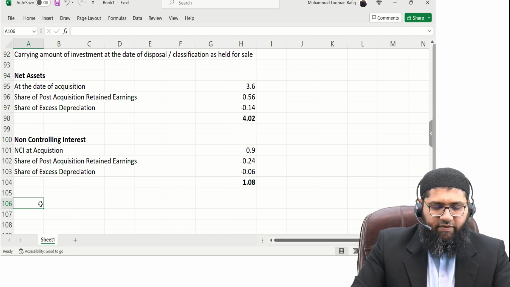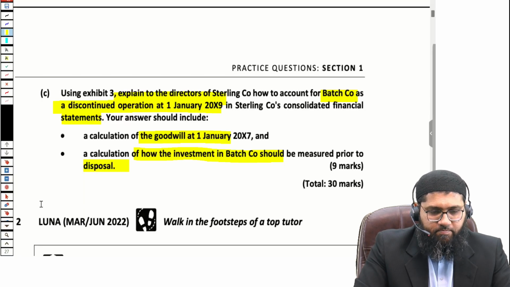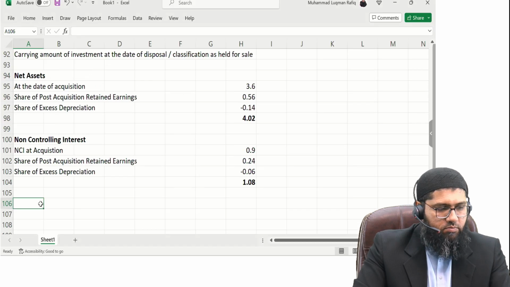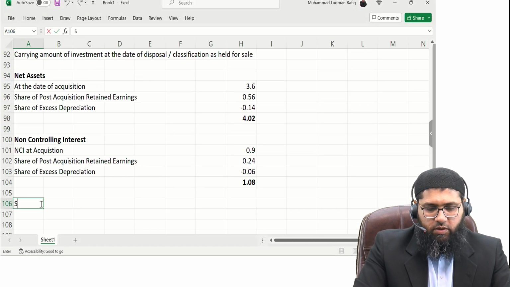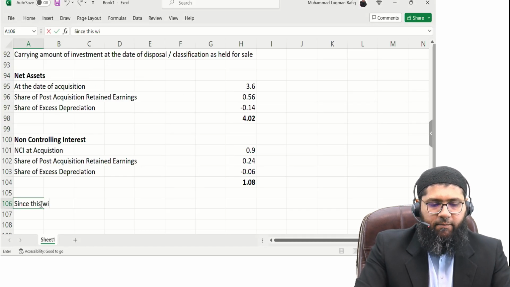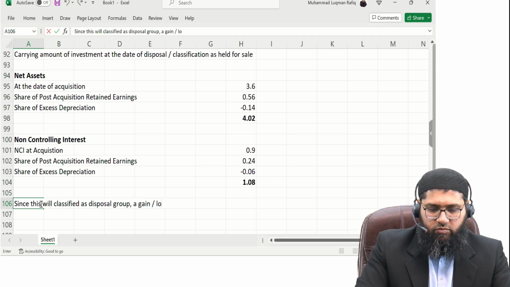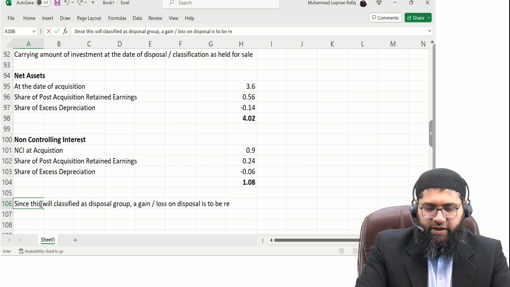So now what happens is that since this will be classified as a disposal group, a gain or loss on disposal is to be recognized.